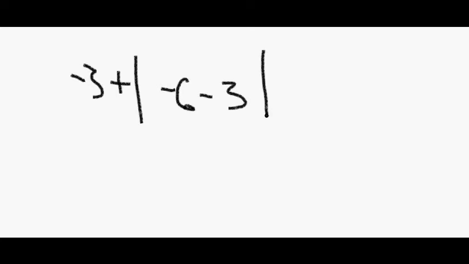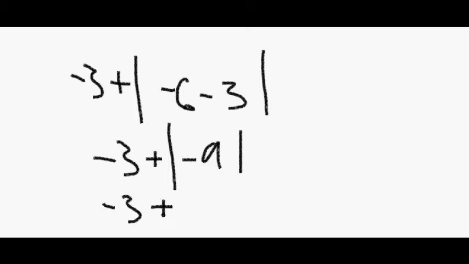The next one is absolute value, so we'll just briefly go over it, which is negative 3 plus, I'll change the numbers around, the absolute value of negative 6 minus 3. Because there's absolute value, let's just do what's in the absolute value bars first. That is negative 6 minus 3, which becomes a bigger number, that's negative 9.